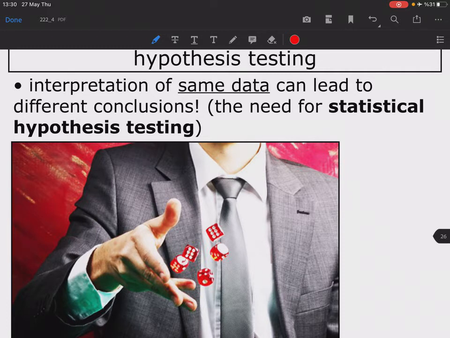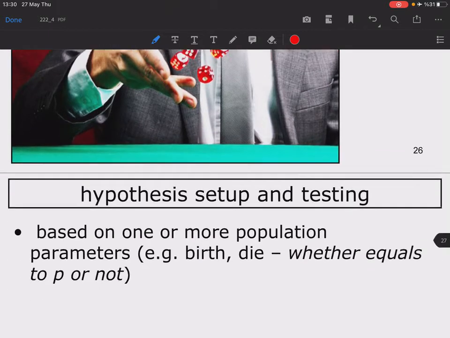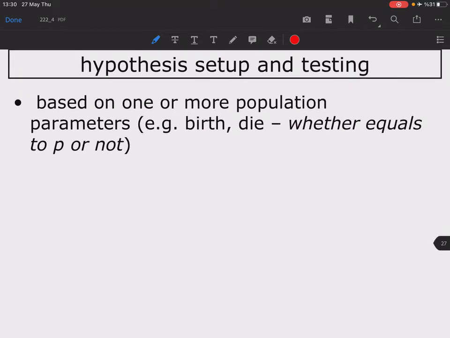So how can we reach objective scientific conclusions in such cases? There is the need for statistical hypothesis testing, so that we can use scientific methods for decision making. Hypothesis setup and testing is based on one or more population parameters.